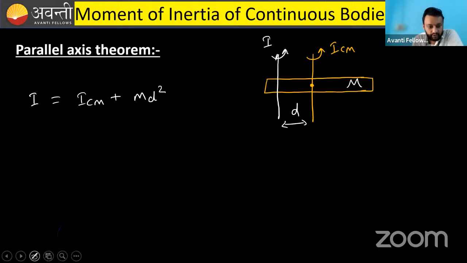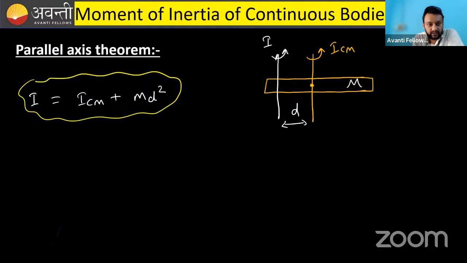Now I will explain it to you. I know that you are getting confused with all these terms. Suppose you have a body and you know the moment of inertia of the body about an axis passing through the center of mass. You need to calculate the moment of inertia about an axis which is parallel to the previous axis.